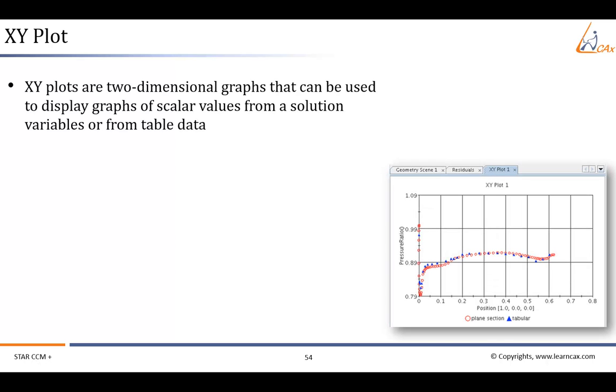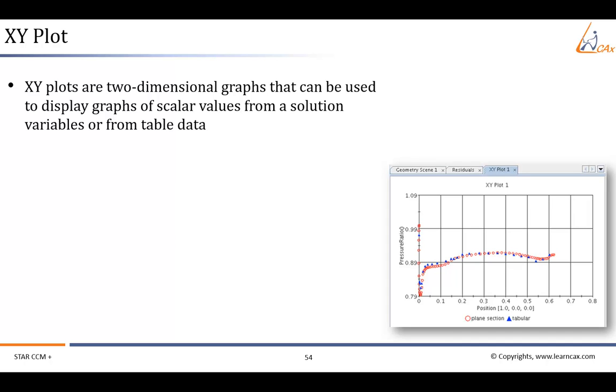XY plots are two-dimensional graphs that can be used to display graphs of scalar values from solution variables or from table data. The XY plot node has properties and a pop-up menu. An example of an XY plot is shown here. How do we create an XY plot in StarCCM Plus?